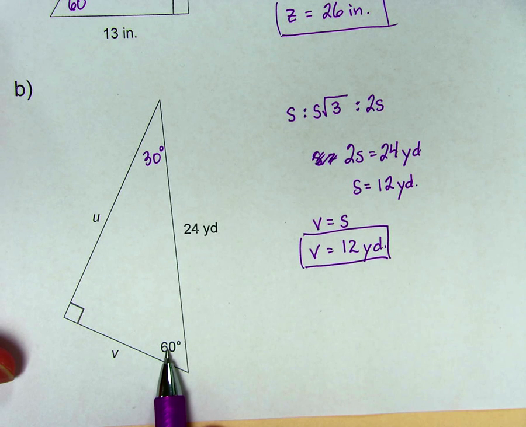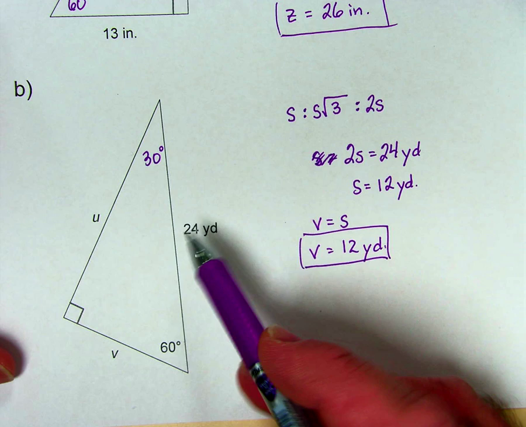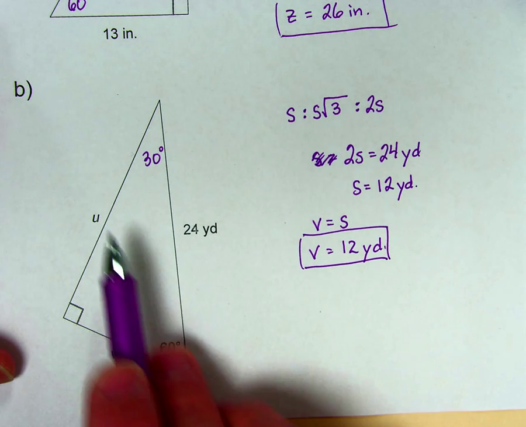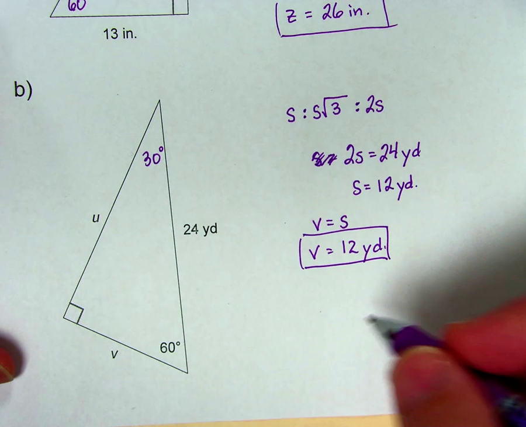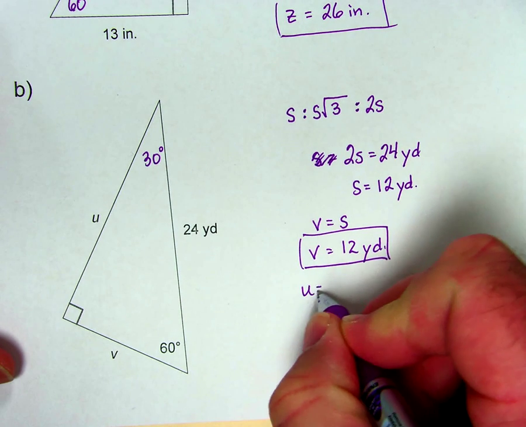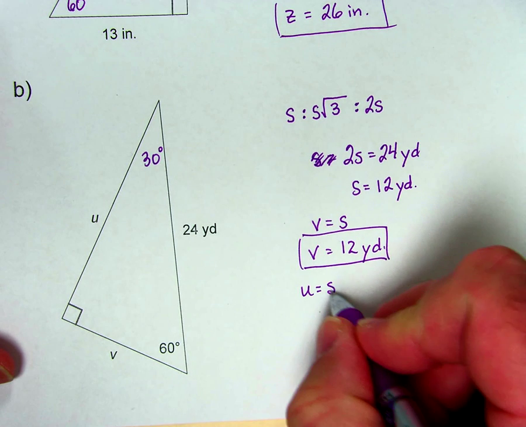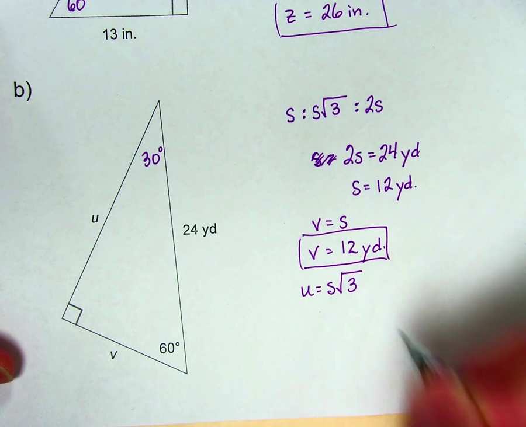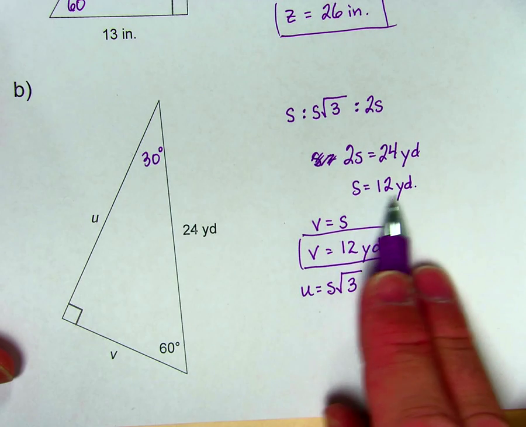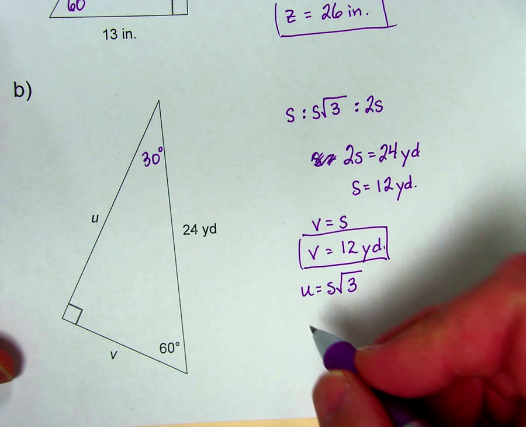U, being opposite the 60-degree angle, is the longer of the two legs. Remember, this isn't a leg, it's the hypotenuse. The longer of the two legs. So U is going to equal S times the square root of 3. We determined that S was 12 yards.